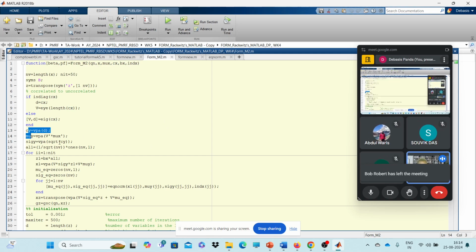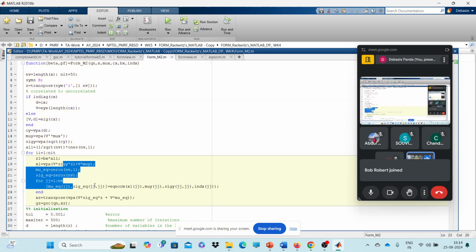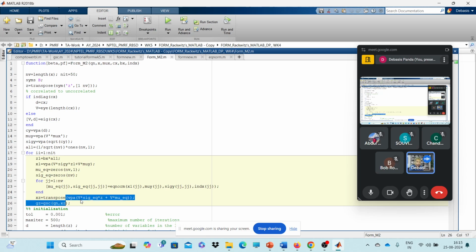Now once this uncorrelation is done, obviously it will look for the equivalent normalization. If needed, it will do the equivalent normalization and get the equivalent normal parameters, equivalent sigma and equivalent mu. Now once we get that, we convert it into the z domain.